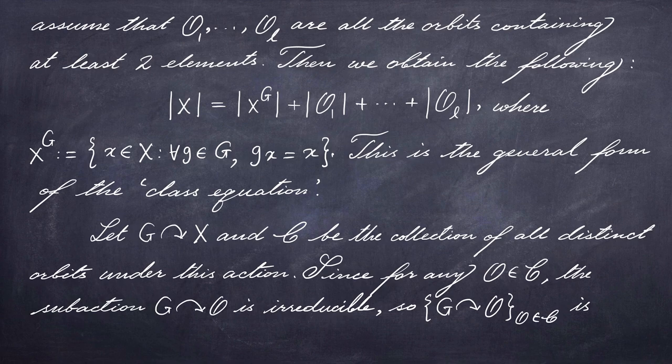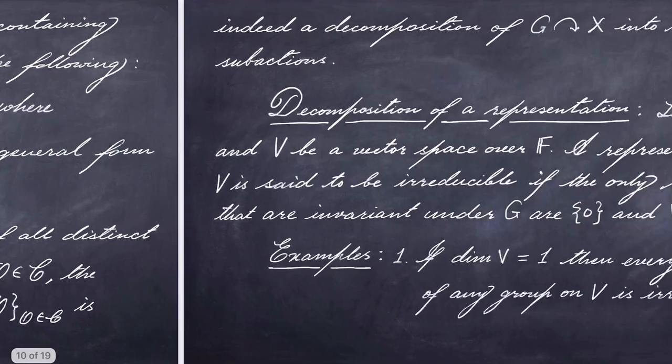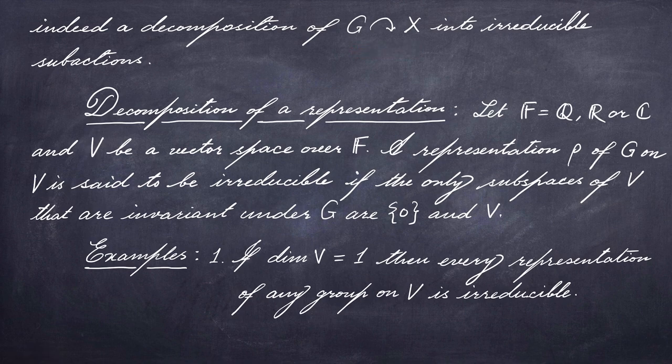Remember that since C is the collection of all distinct orbits, C yields a partition of the given set X. Since each orbit is G invariant, and we have already seen that the subaction of the group on any orbit is irreducible, from all this we obtain a decomposition of the given action into irreducible subactions.